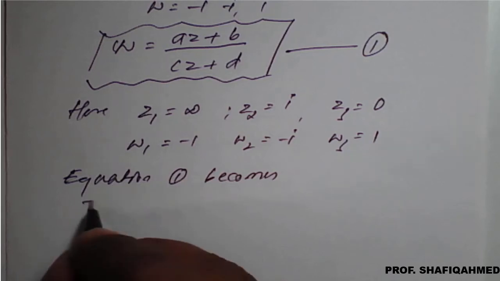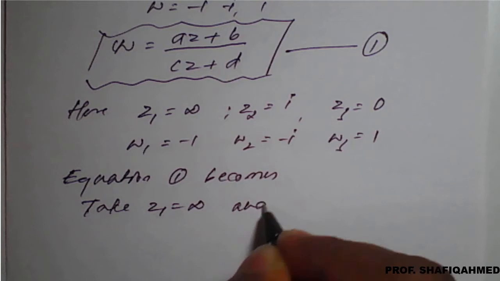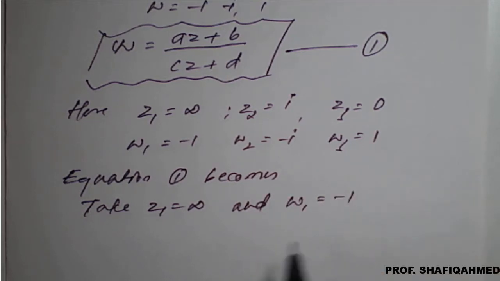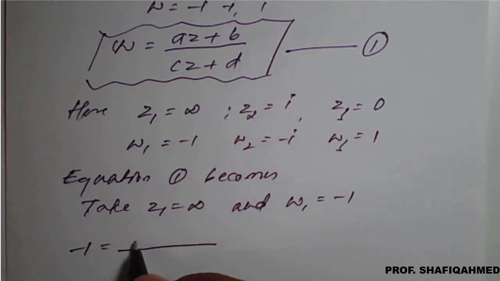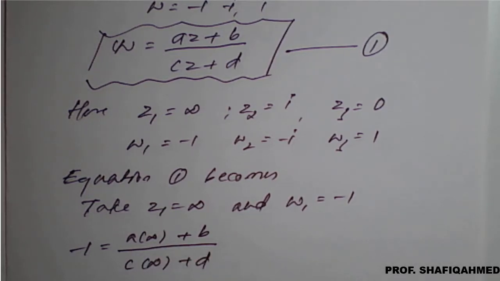Take z1 equal to infinity and w1 equal to -1. Equation 1 becomes -1 = (a times infinity + b) divided by (c times infinity + d). You observe that a into infinity will not give a correct result, and c into infinity will not give a definite result either.